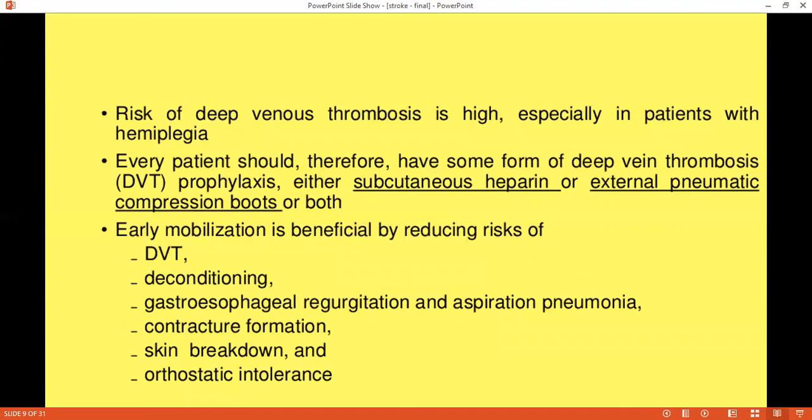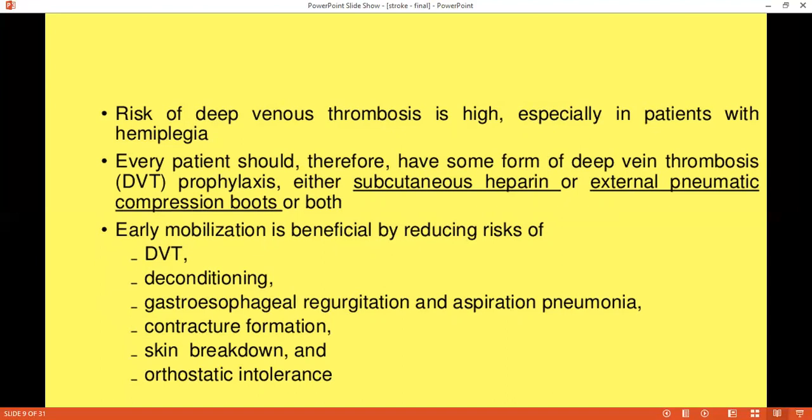Then this is the DVT. DVT is managed through therapeutic care, such as intermittent pneumatic compression, continuous intermittent pneumatic compression, then figure of 8 bandaging.